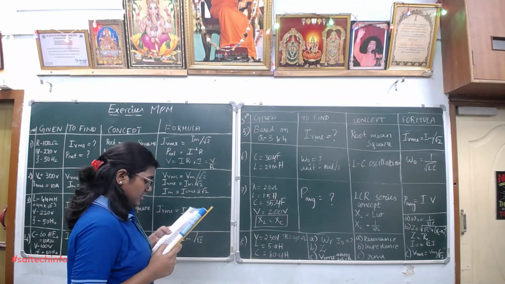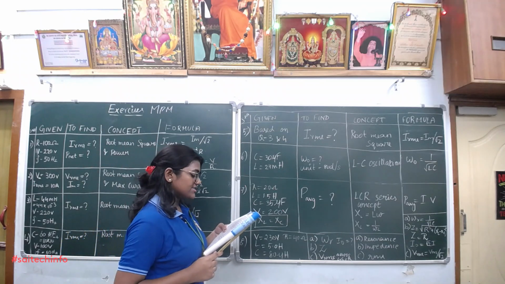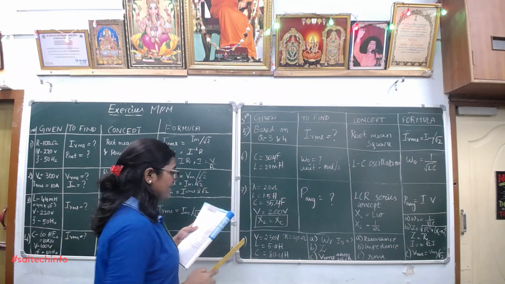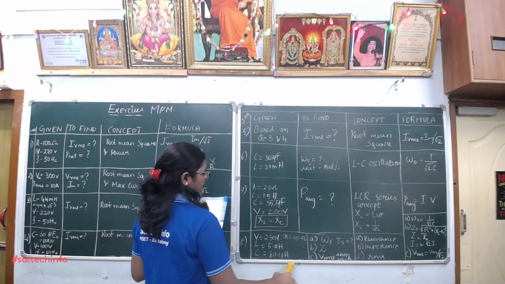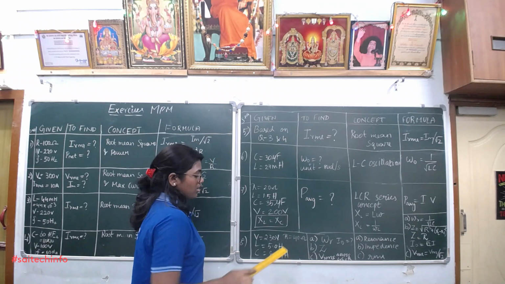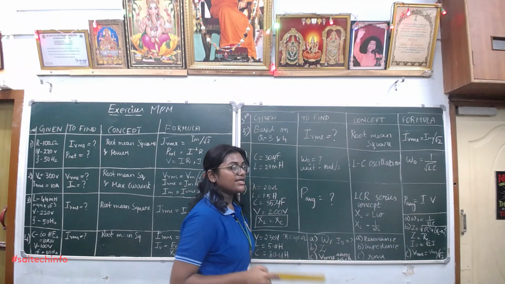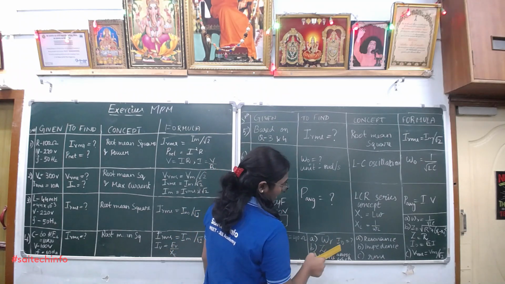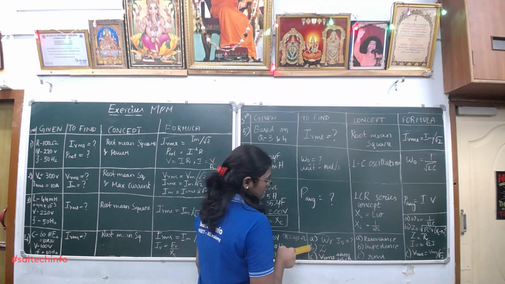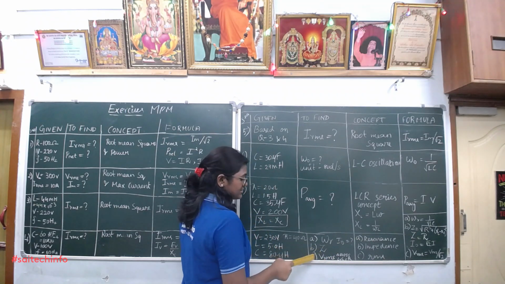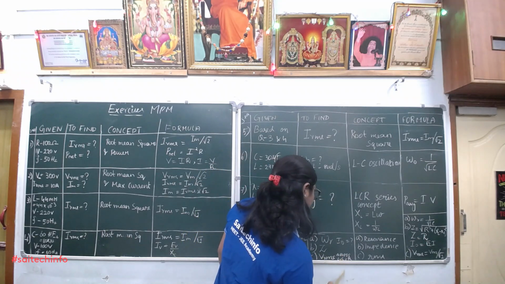Eighth question: a series LCR circuit is connected to a variable frequency 330 volt source. L is equal to 5.0 henry, capacitance is equal to 80 microfarad and resistance is equal to 40 ohms. For the first subdivision, we need to find omega R, that is the resonant frequency, and I naught, the peak current. For the second subdivision, we need to find the impedance. For the third subdivision, we have to find the VRMS across the LCR.